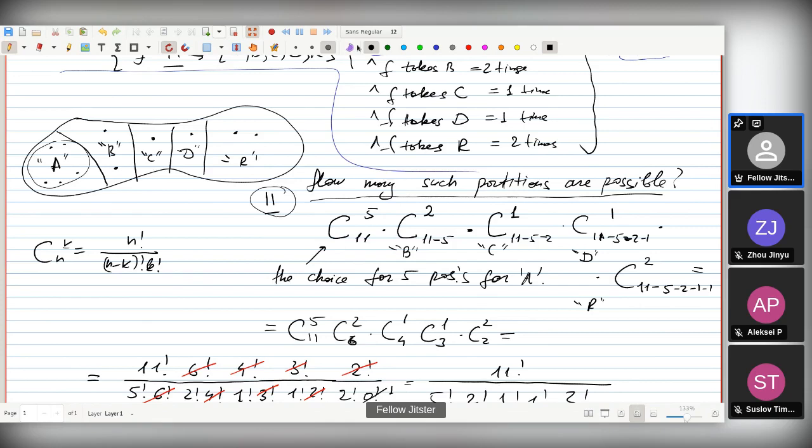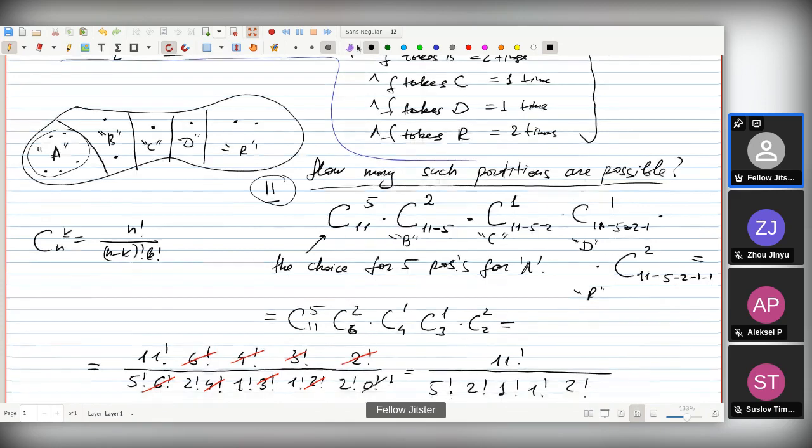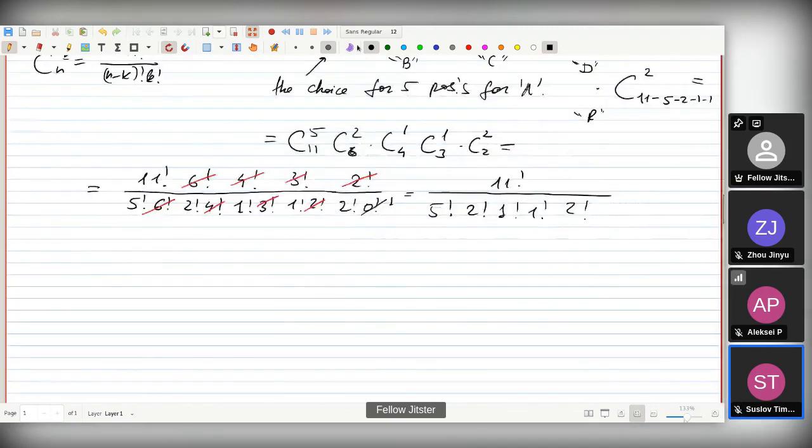Yeah. It is also known as the multinomial coefficient, like C is known as the binomial coefficient. What is the main idea behind that?